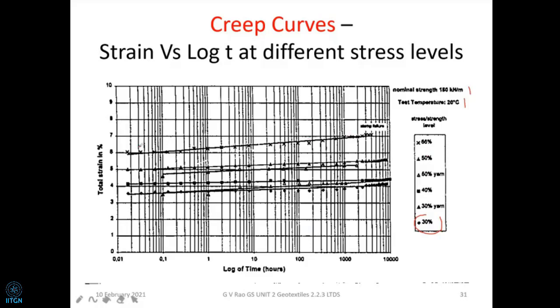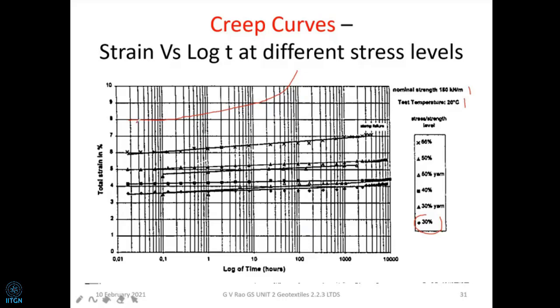So what is happening now? It appears, of course, linear on the semi-log scale. Okay. Now, one more thing I can predict is that if I am applying, let's say, 85%, probably it will be coming something like this, and then it will actually fail completely. That's the rupture, basically. Okay. We are applying near the ultimate tensile strength.